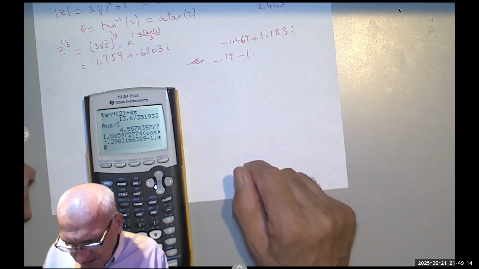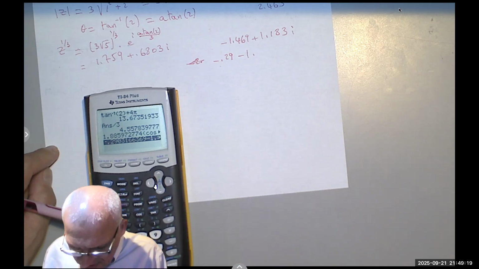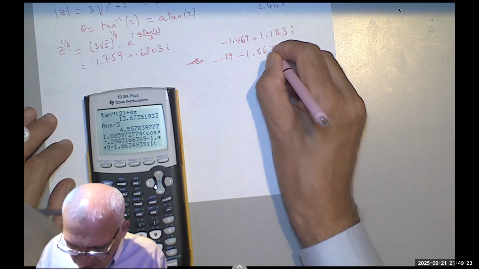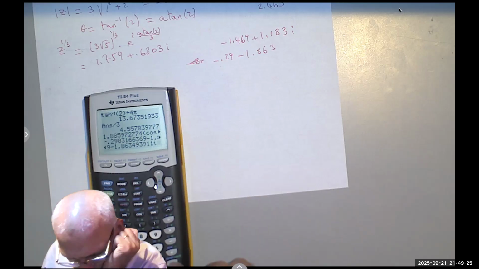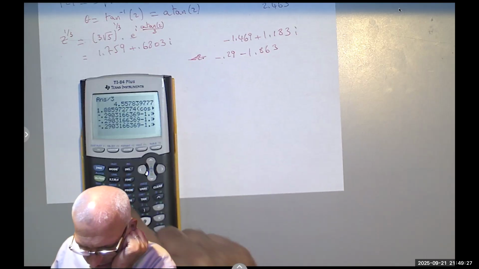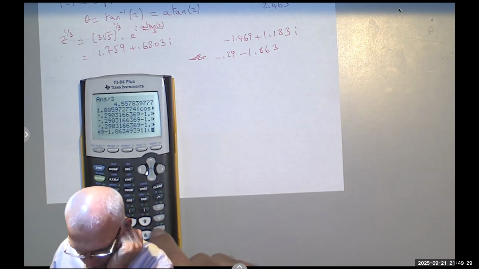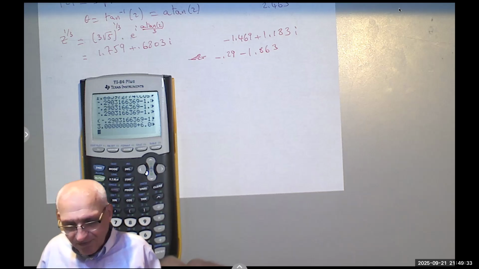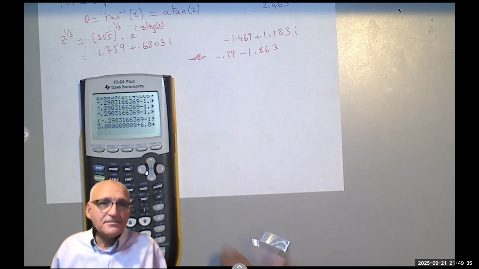This doesn't make sense. Does it? Let me see. 8.63. So let's see if I hope I didn't do any error. No, correct. 3 plus 6i again.